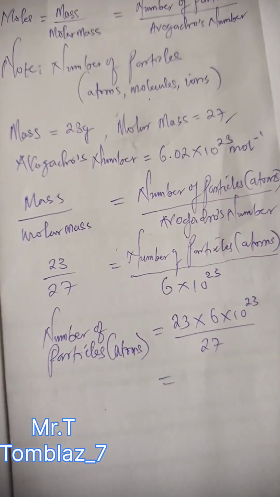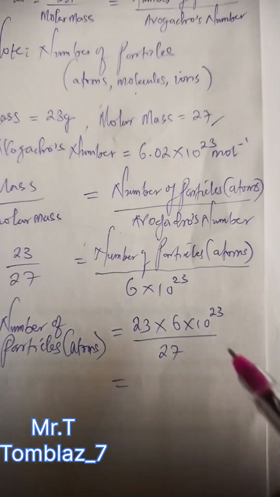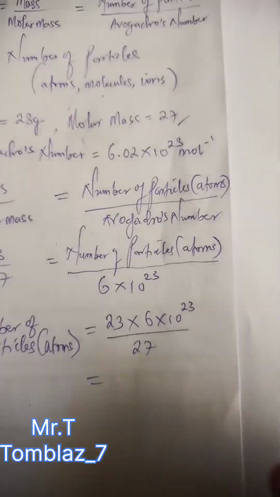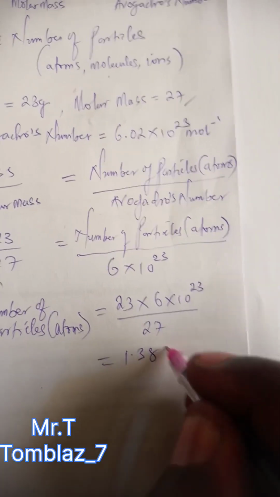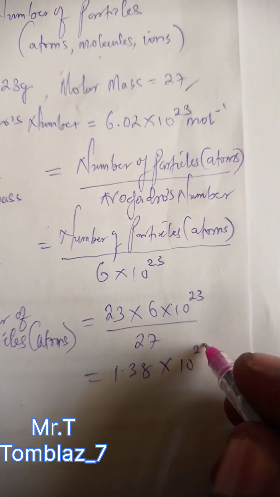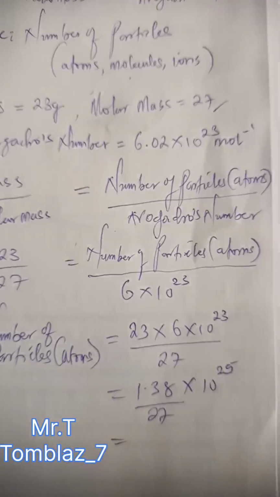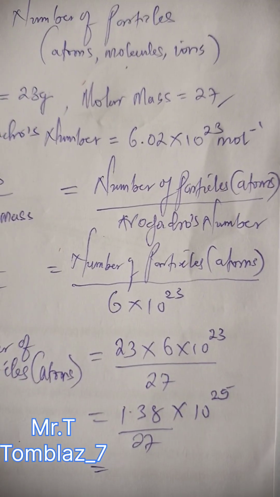So let's multiply this value first. So 23 times 6 times 10 raised to the power 23 is going to give us 1.38 times 10 raised to the power 25. So let's divide it by 27 now to see what we're going to be having.